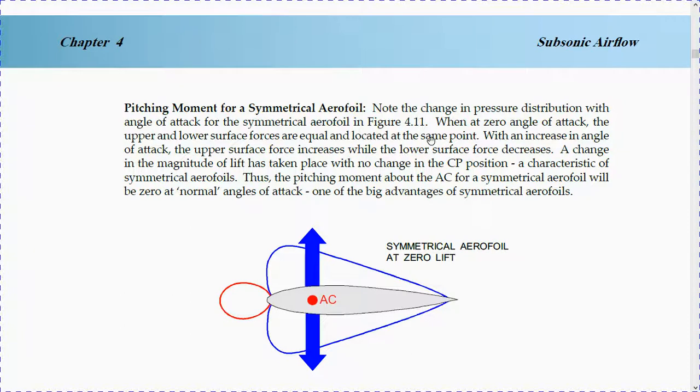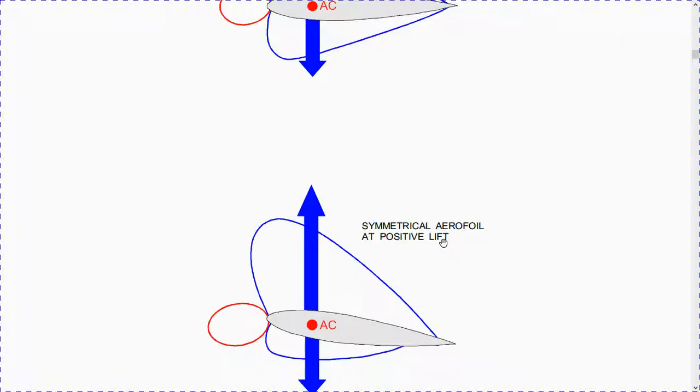At zero angle of attack, the upper and lower surface forces are equal and located at the same points. With an increase in angle of attack, the upper surface force increases while the lower surface force decreases. A change in the magnitude of lift has taken place, with no change in the center of pressure position.